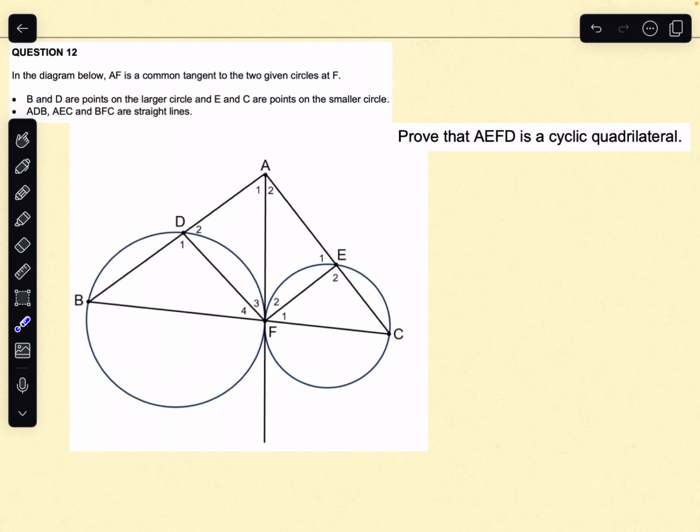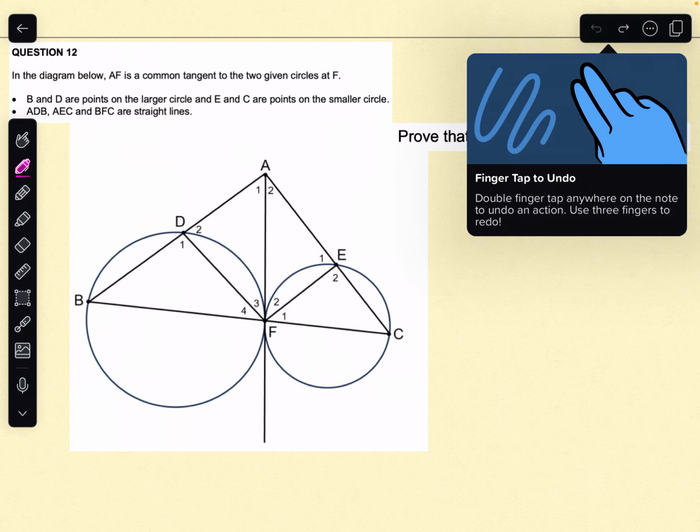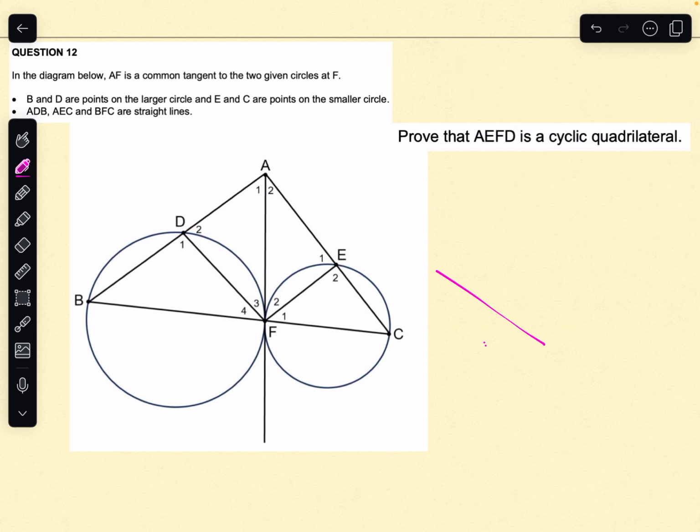And then the third one would be if we drew in this diagonal and we showed that, okay, maybe let me actually draw it in just for demonstration. Okay, why don't I do my nice little straight line? Wait, that double tap clearly didn't work.